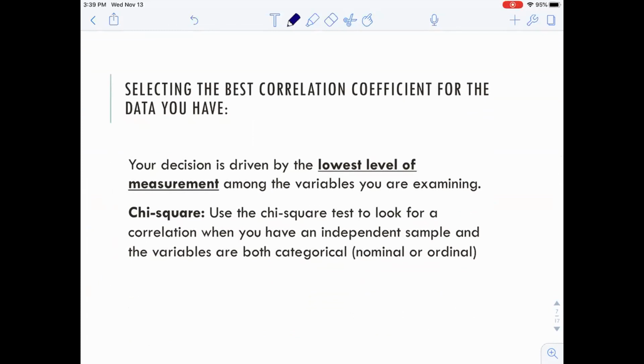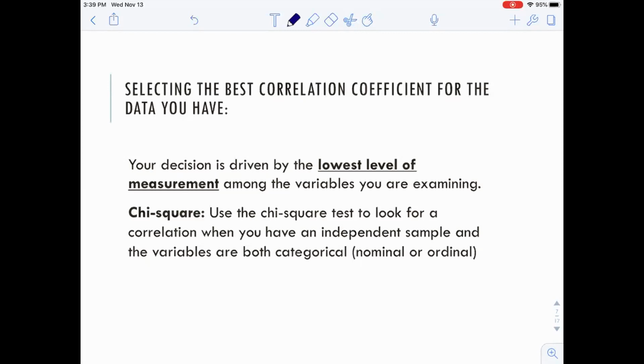Remember, we're comparing two variables, the relationship between two variables. If one is nominal and one's ordinal, we'd have to use a chi-squared. Even if one is ratio and one is ordinal, we would have to bump it up to a Spearman's correlation coefficient, and so on and so forth. So you just go for the lowest level of measurement.